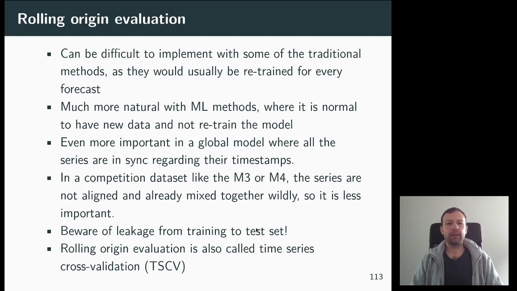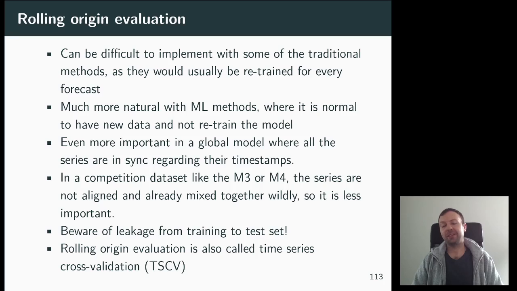However, you really now need to be aware of leakage from the training to the test set. Because now, after every forecast, you take that point and make it available to the method.